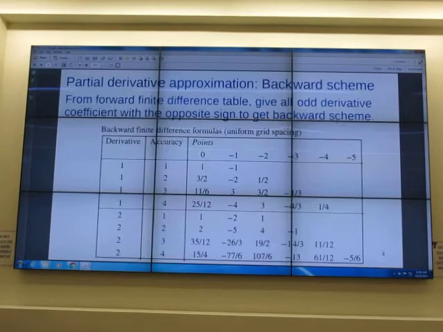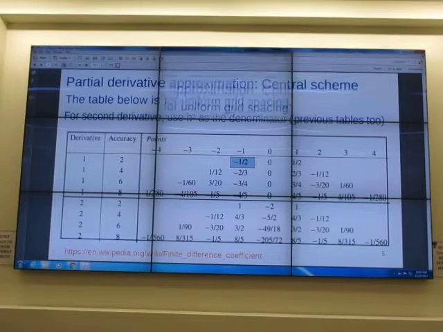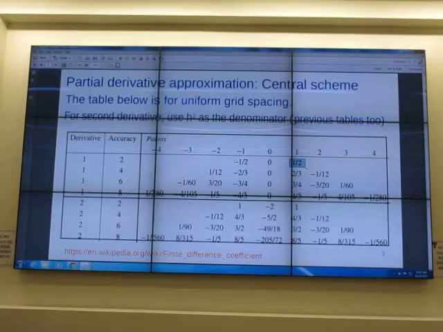From this kind of table, the central scheme, minus 1 half, plus half. It's like x minus 1 and x plus 1. So x plus 1 minus x minus 1, divided by 2, or the gap, the slope is delta y over delta x, right?